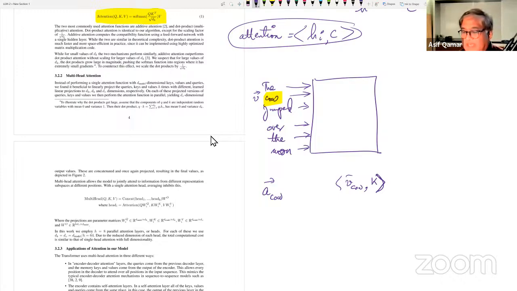Now, every K is actually associated with every word I. And so actually, let me call it Q because this is what the paper will say. The cow is the word, the reference word. And we are trying to figure out where it is paying attention to.